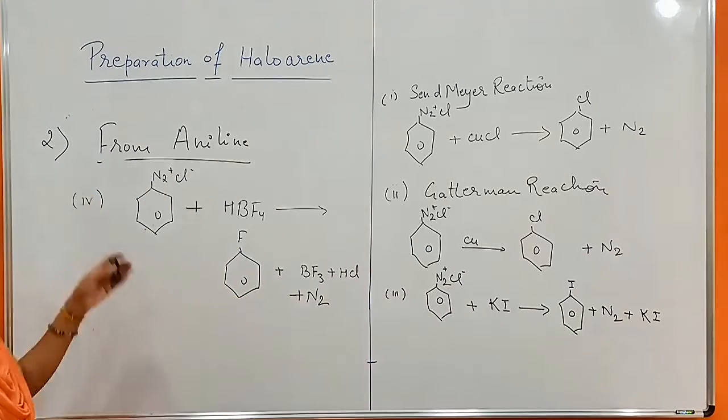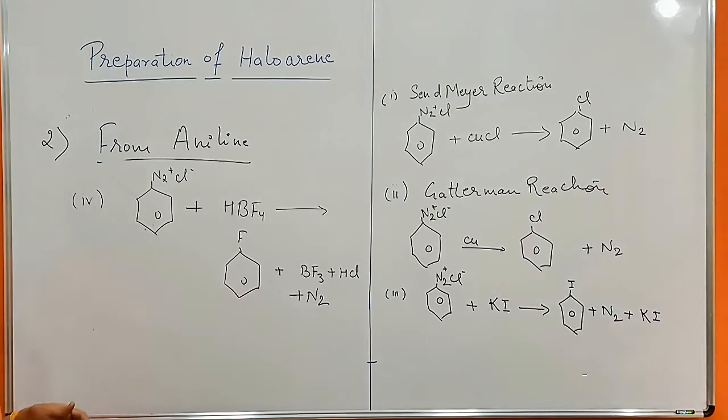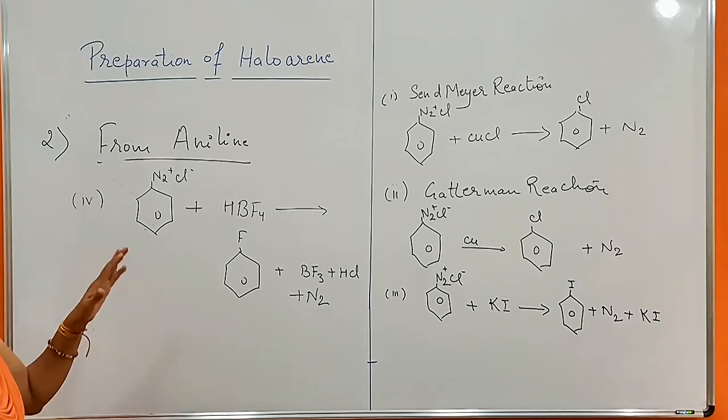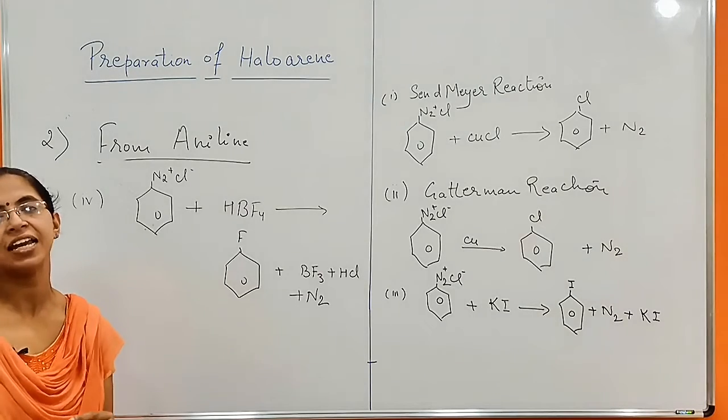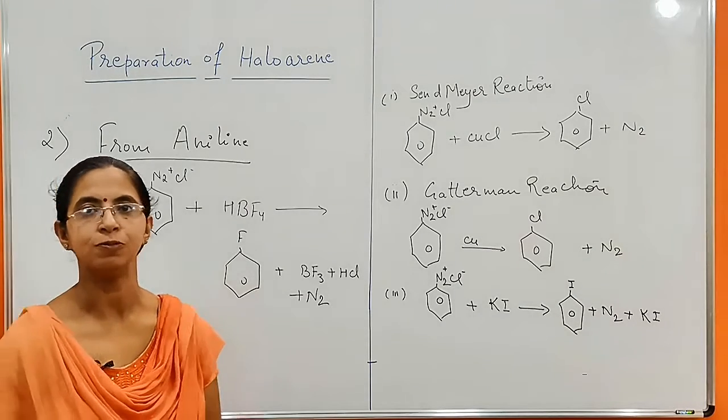So we can prepare various types of fluoroarene compounds by this reaction. Now here we end up with the preparation of all haloalkane and haloarene compounds.